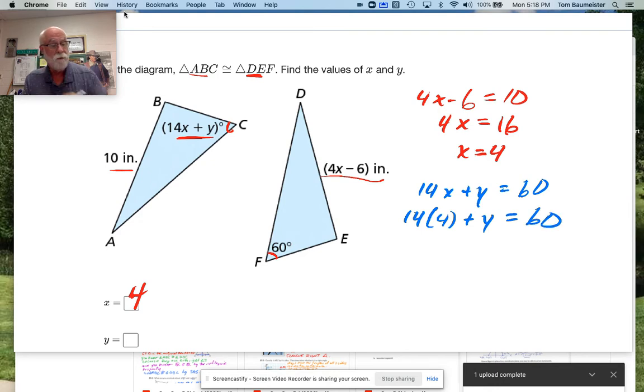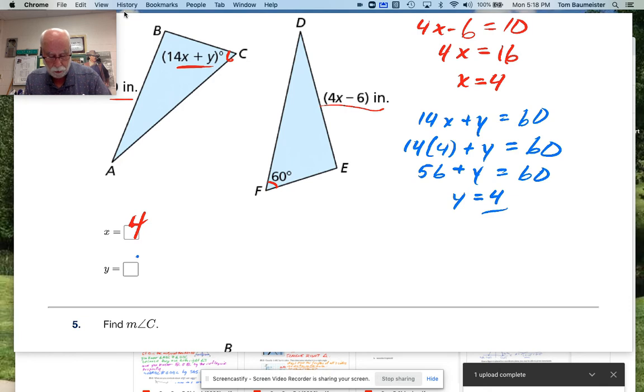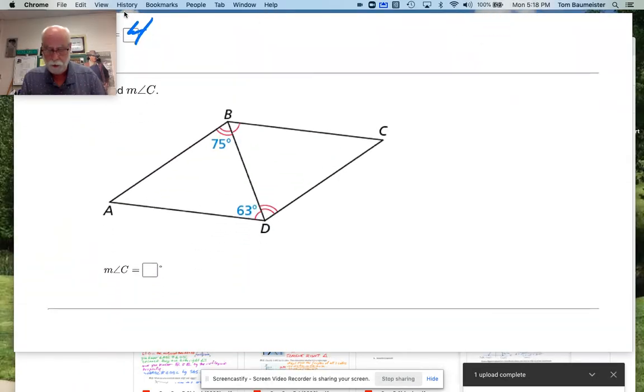We know that 14 times 4 is 56. And on this one here, if I'm going to get y by itself, I'm going to have to subtract 56. And 60 minus 56 is also 4. So on this one here, they both just happen to be 4. That's not always going to be the case, ladies and gentlemen. It just happened to work for that one.